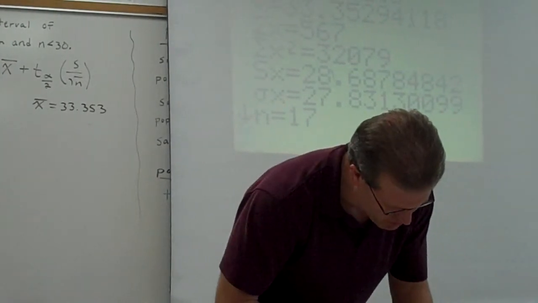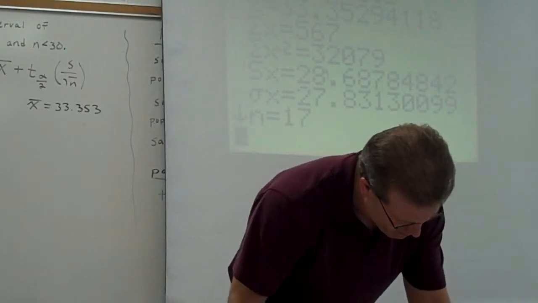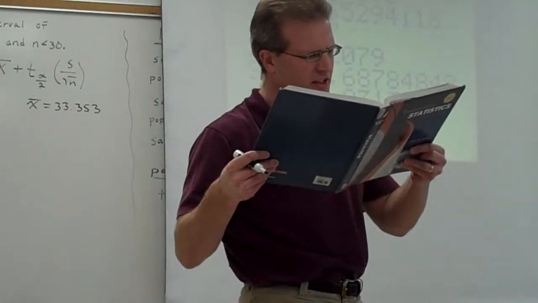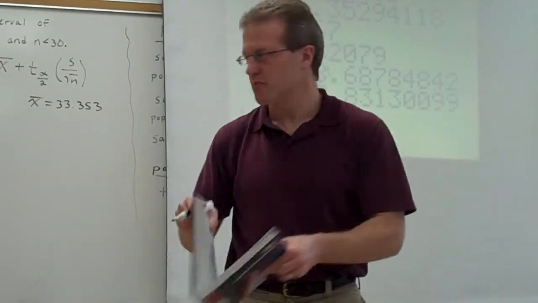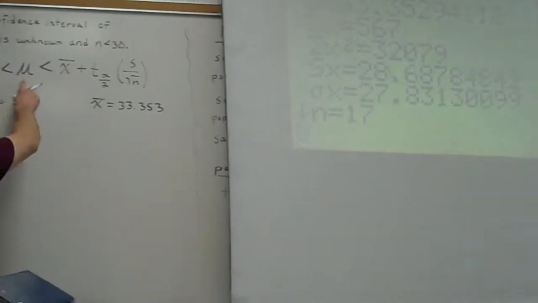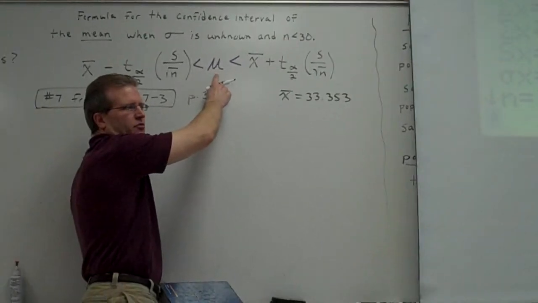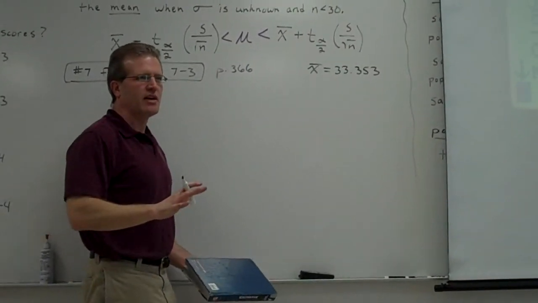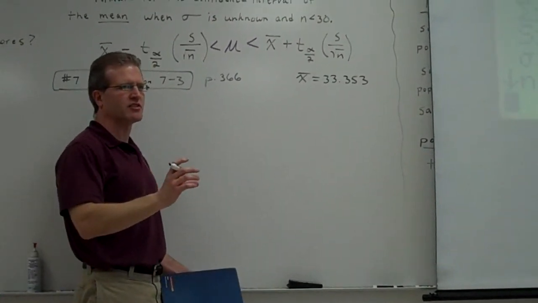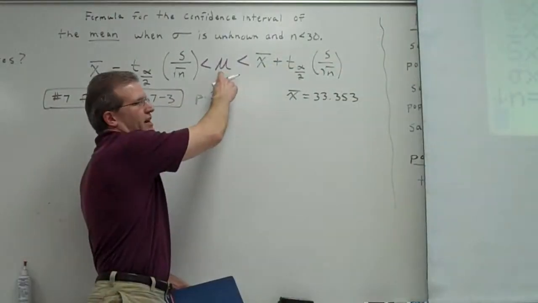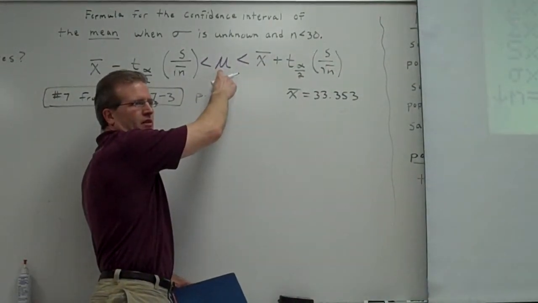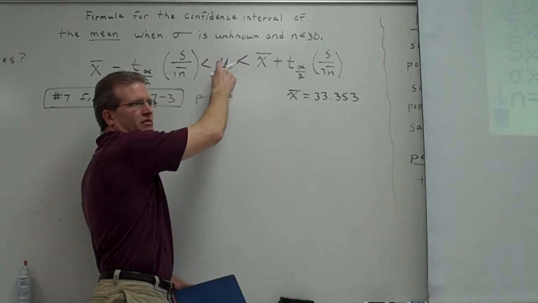So the first question for number 7 is, based on the sample, what is the point estimate of the mean? So we're trying to estimate what the mean of all states would be. If we went to all 50 states and looked at how many women are in their state legislatures, we're trying to estimate what that mean would be. What is the point estimate for that amount?